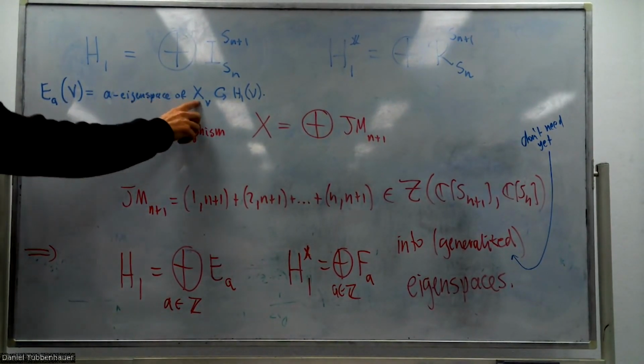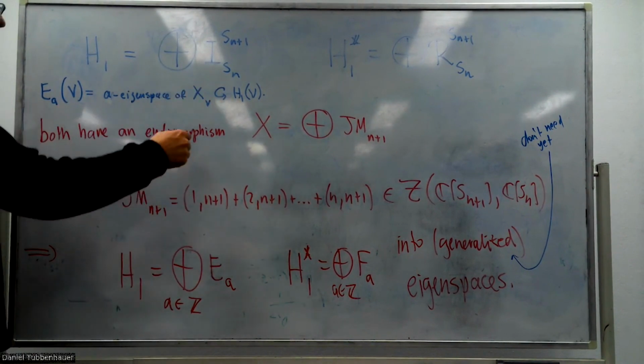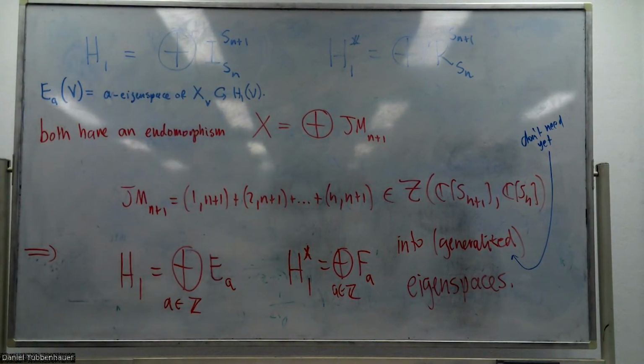This is a machine that whenever I put in a representation, I get the A eigenspace.